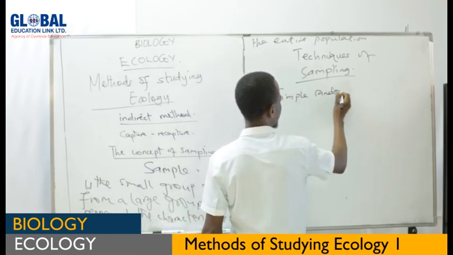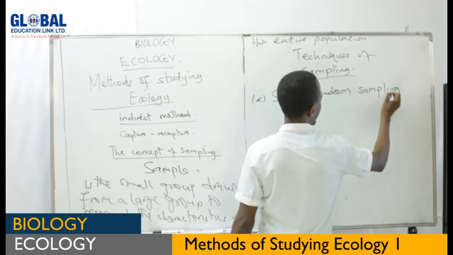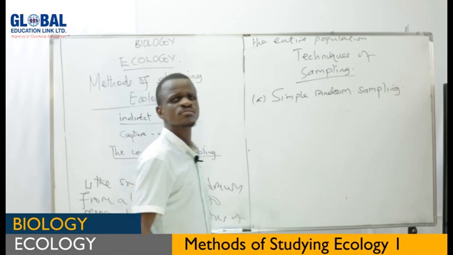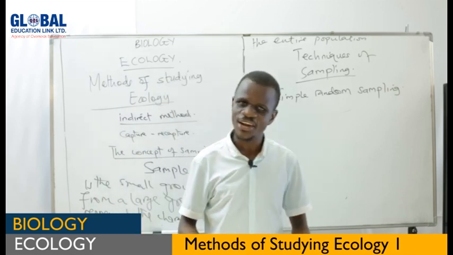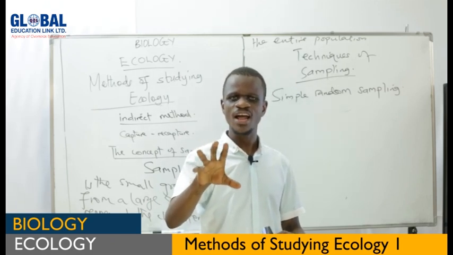If we start with A, we asked is simple random sampling. How is it done? How is it carried out? It is simple random sampling, from the word random. That means here representative samples are selected randomly.